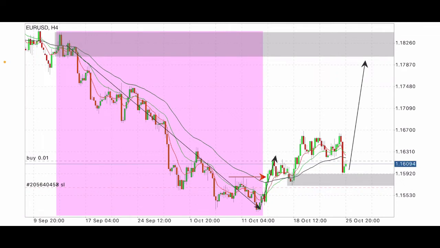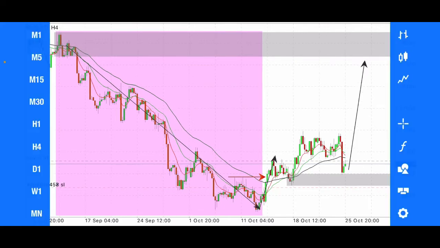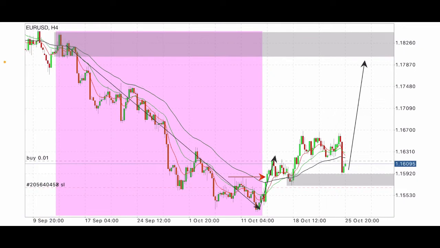And guys, as soon as you see price do this, when price breaks previous structure with a strong move, as you can see, this is quite a strong move. It's an impulsive move with very few red candles, but many large green candles, right? That's what represents an impulse move. So the impulse move broke previous structure, which is the red arrow, showing that price is indeed ready to go a different direction, right?